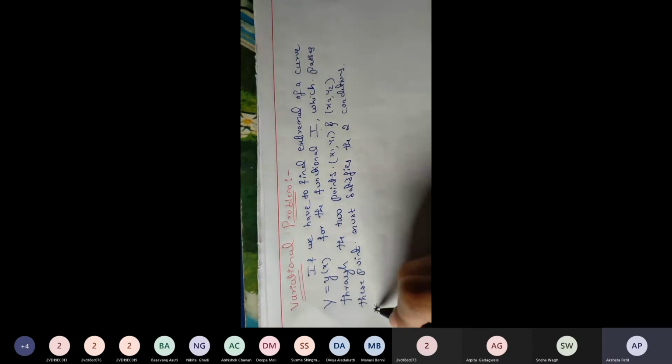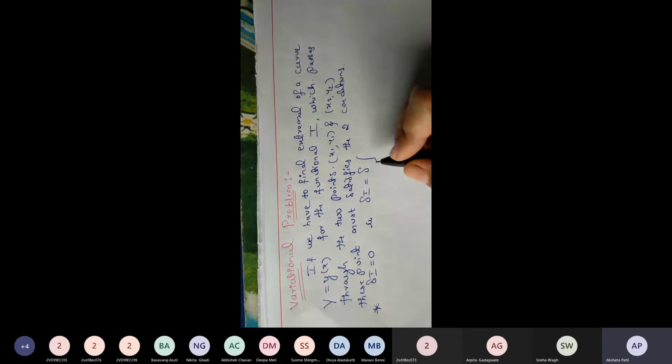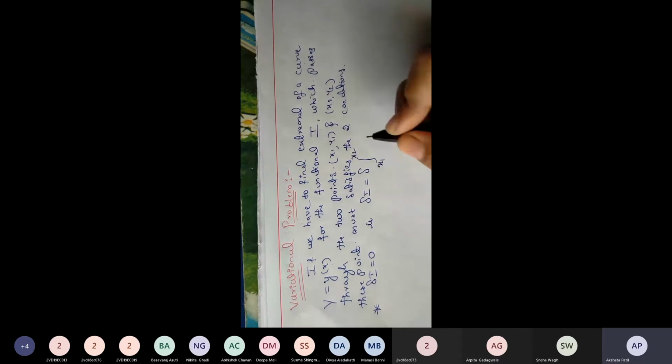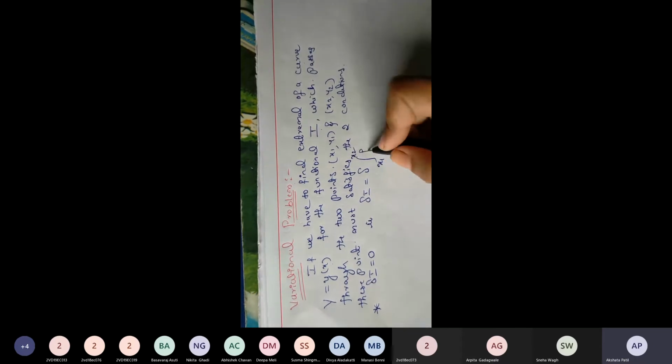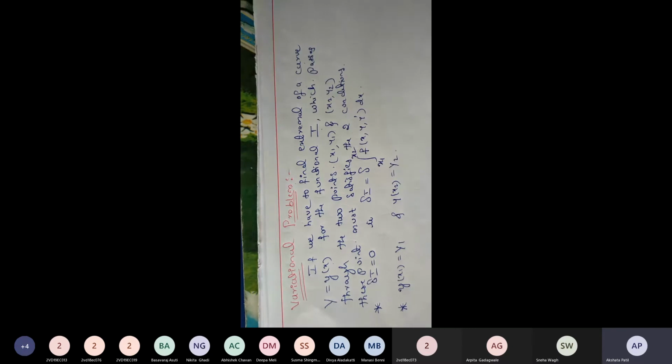The first condition is delta I equals 0. That means delta of the integral over x1 to x2 of f of x comma y dash dx equals 0. And the second condition is y of x1 equals y1 and y of x2 equals y2.